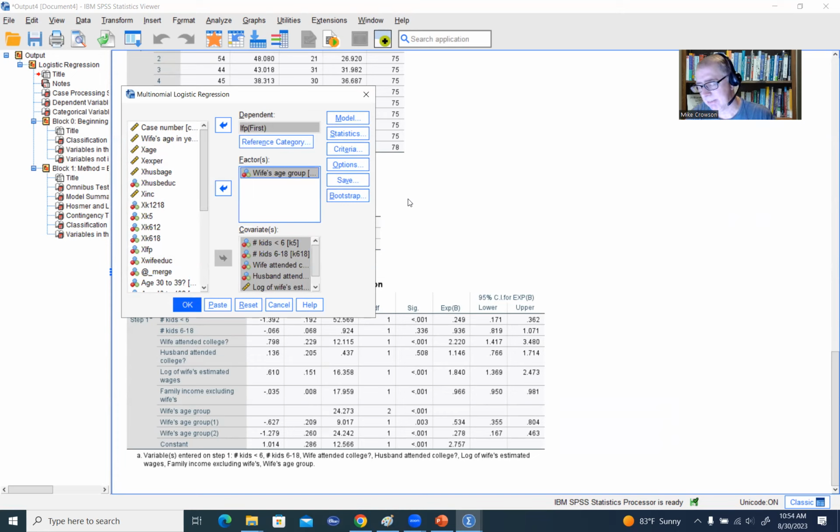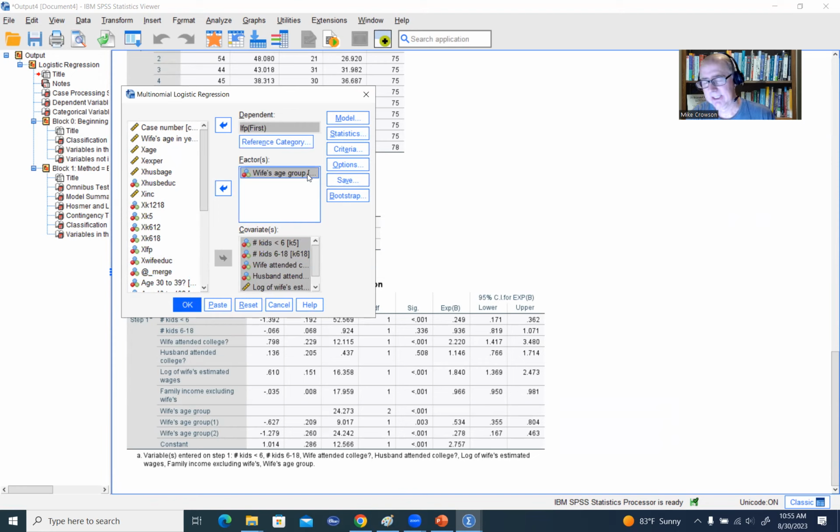The overall fit of the model is going to be exactly the same. Where things would differ a little bit is in terms of the intercept, and also the regression slopes for the dummy coded variables that would be generated. An option around this approach is to actively recode wife's age group into a new variable where the 3 now is a 1, the 2 is 2, and the previous 1 is now a 3.